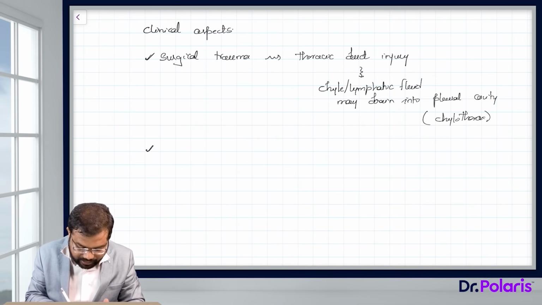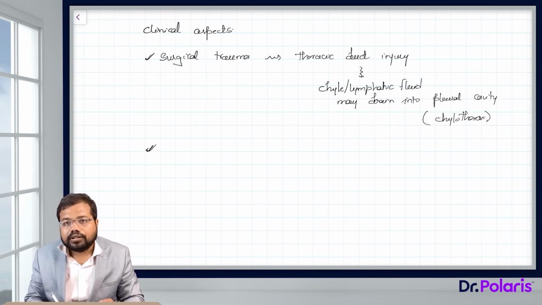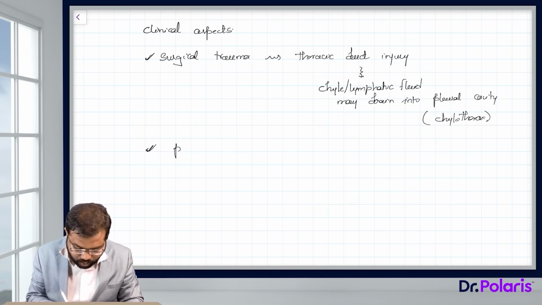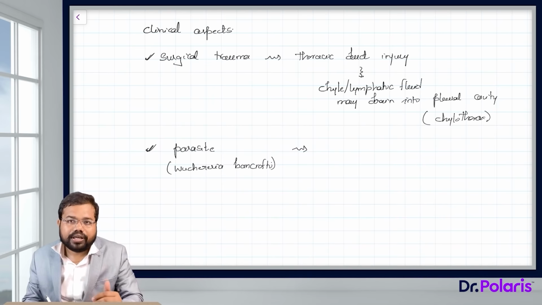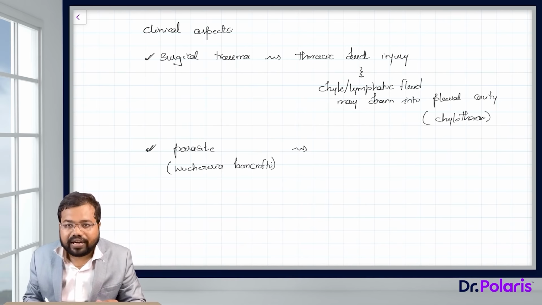The second clinical aspect is the parasite infection. The parasite name is Wuchereria bancrofti. It actually resides inside the lymphatic vessels.